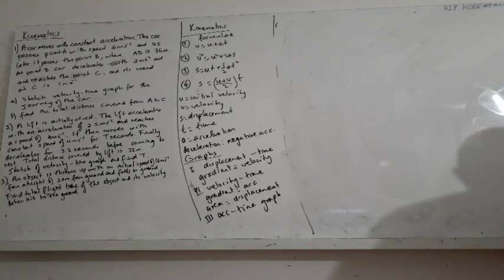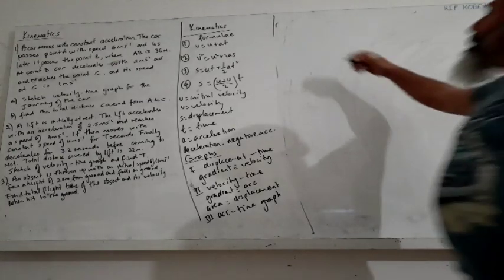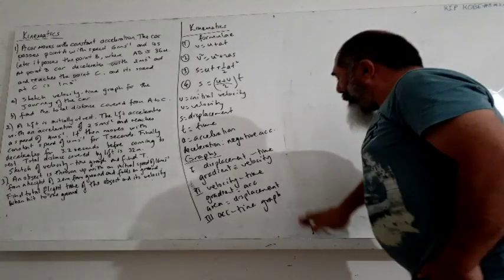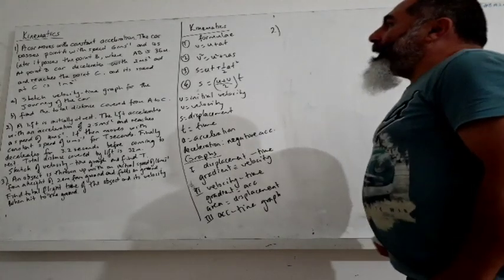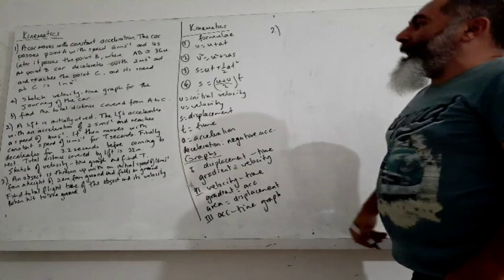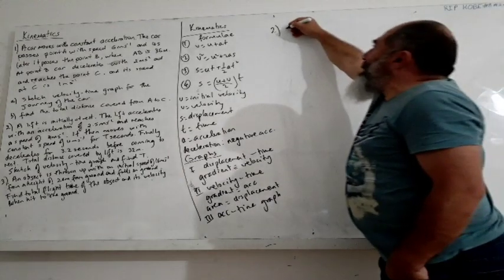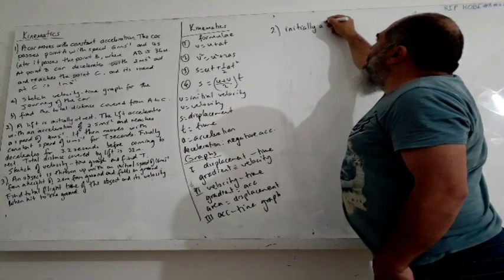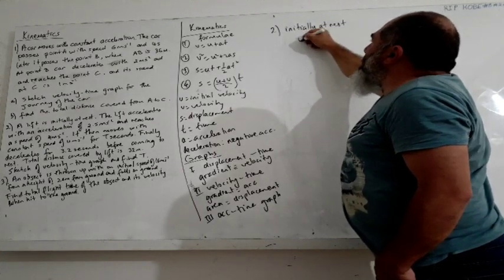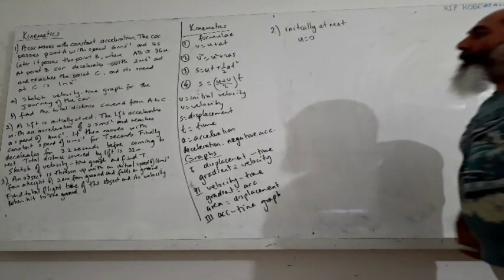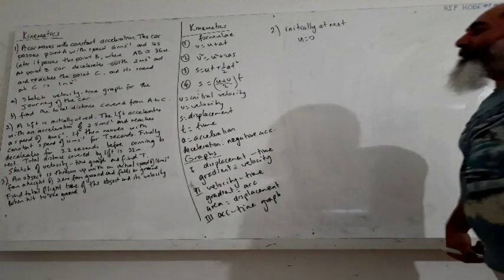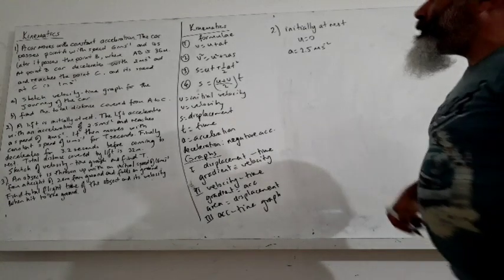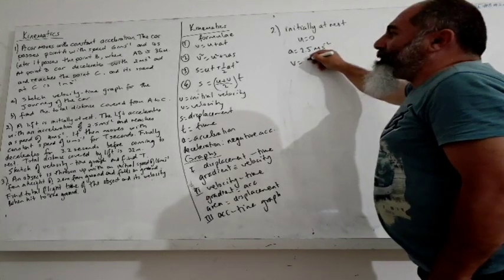Yes, let's read question 2 and solve it. A lift is initially at rest. Initially at rest means u is 0. The lift accelerates with an acceleration of 2.5 meters per second squared to a speed of 4 meters per second.